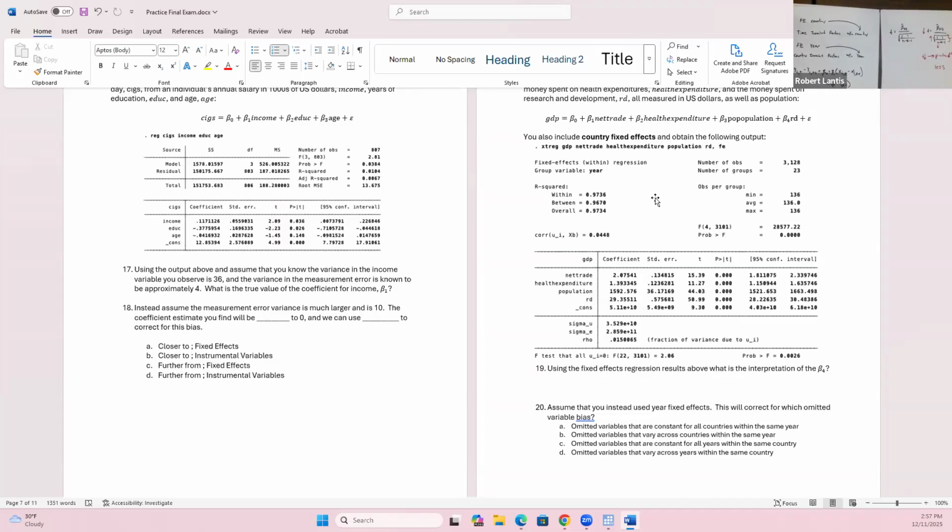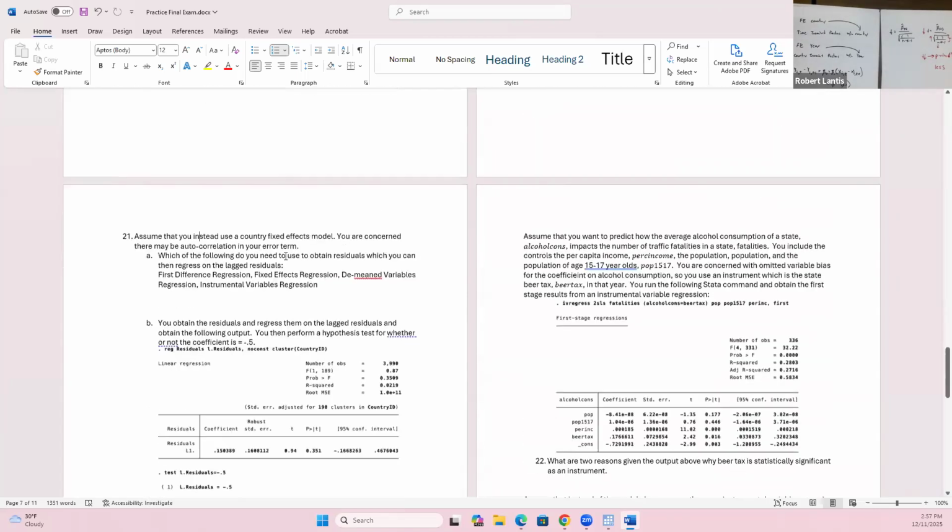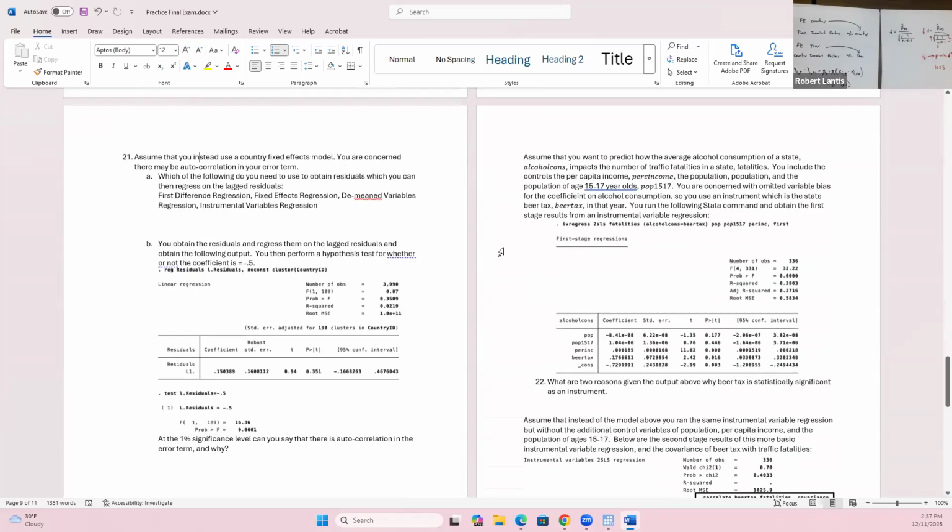Okay. So we still have part B, which we haven't answered yet. So if I was looking at this test for autocorrelation, and I haven't graded enough of them, I didn't see a lot of mistakes, but in the past, I've seen this be a common mistake. So if I gave you the output where I use the first difference regression, I obtain the residuals and lag residuals, and I include this no constant, which was part of what we had talked about, but that's not going to be anything I ask you about in the exam to trip you up.